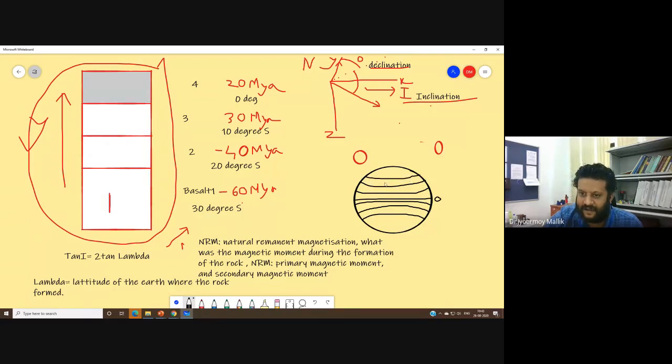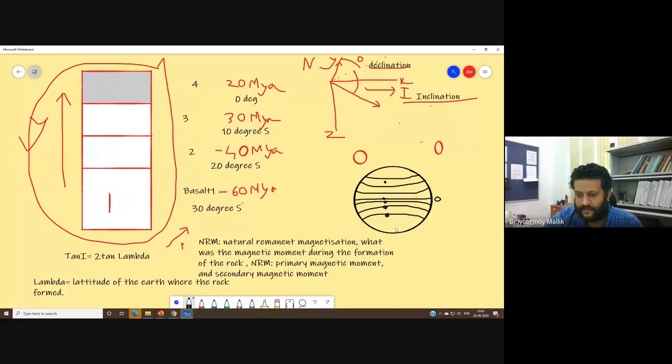Now Bhopal is somewhere here. But with the analysis, I can see that 60 million years ago, Bhopal was here. 40 million years ago, Bhopal was here. 30 million years ago, Bhopal was here. 20 million years ago, Bhopal was here.